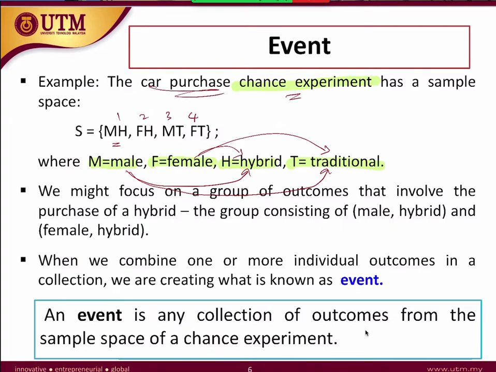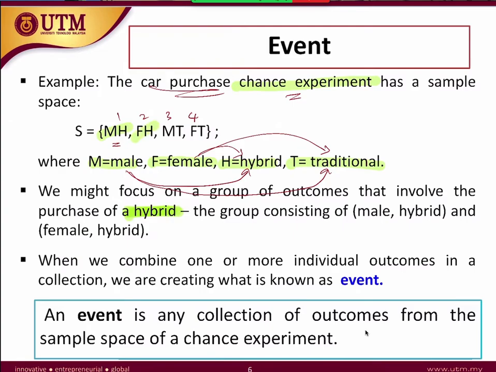Now let's say we are only interested in one outcome, that is the possibility that a hybrid car is being purchased. This is our interest. What are the possible outcomes we can get from here? From the sample space, we notice that there are 2 possibilities: either it is bought by a male or it is bought by a female.